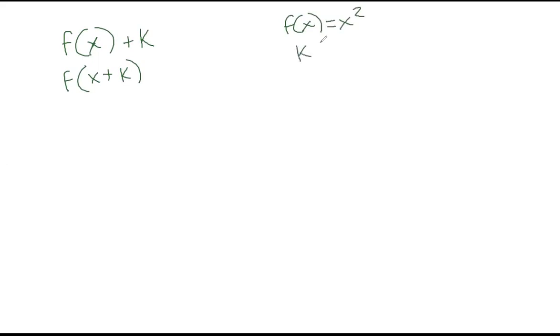So we have, let me just write down what these are. f of x plus k, and then f of x plus k outside. Let's just say f of x equals x squared. We'll just do a simple one, and k equals 3.